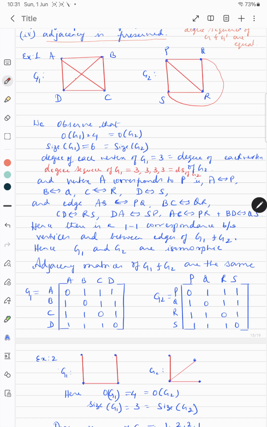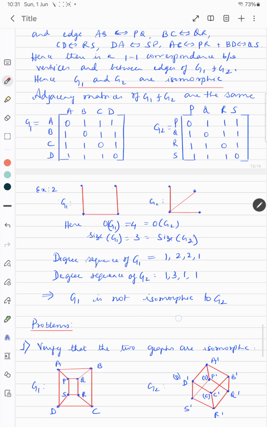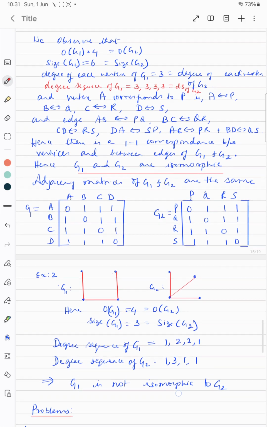Similarly, you can write the other two rows. And if you see the graph G2, the adjacency matrix is the same as the adjacency matrix of the first graph G1. And from these two we can say that G1 and G2 are isomorphic. Hope it is clear. Let us go to the next example.